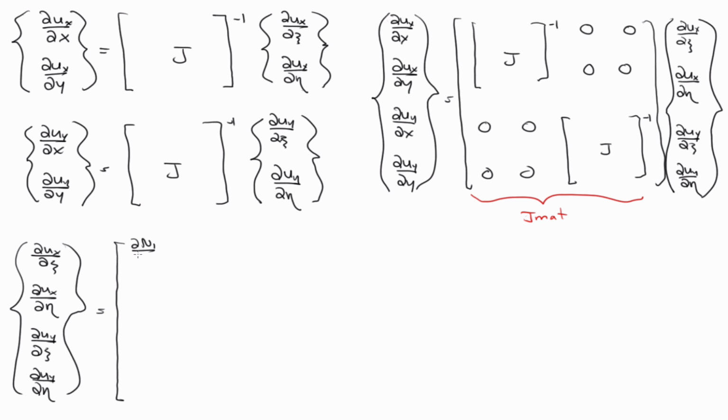Partial N1 partial XC, 0, partial N2 partial XC, 0, partial N3 partial XC, 0, and so on, meaning it depends on your element, right?